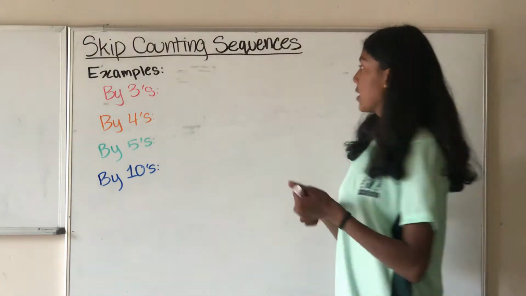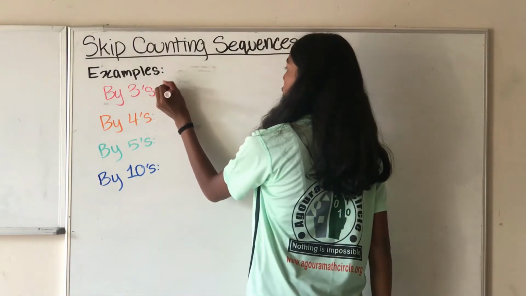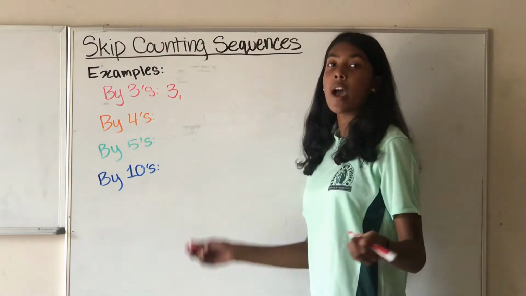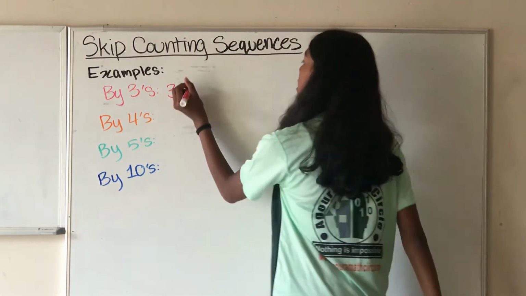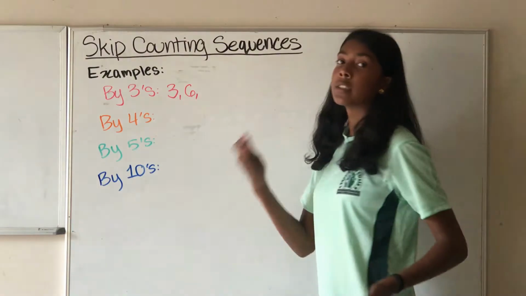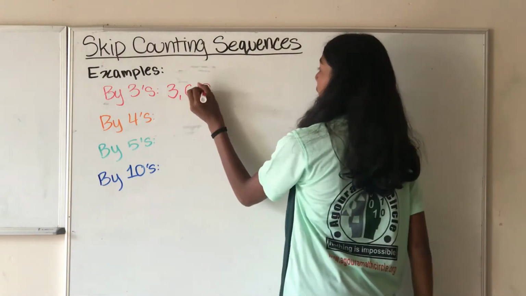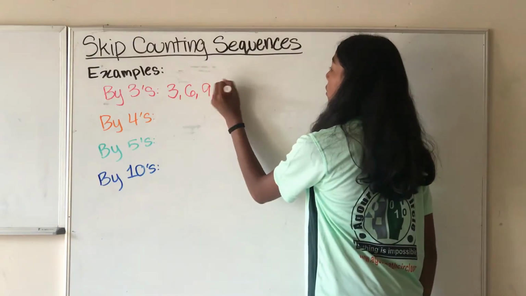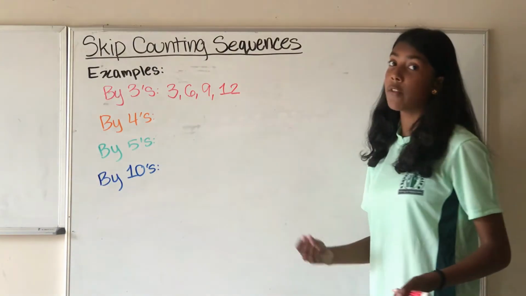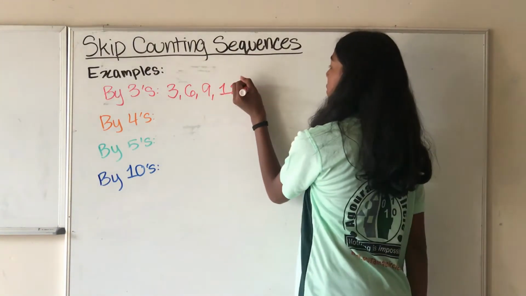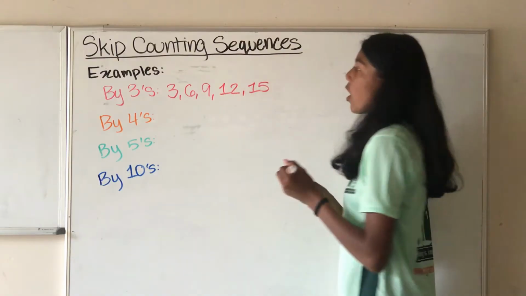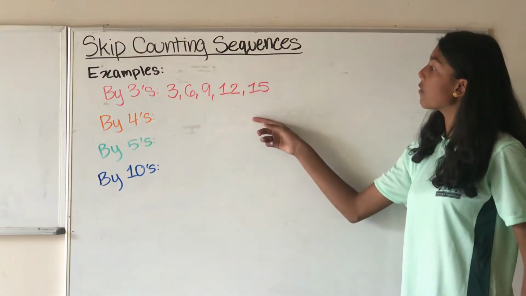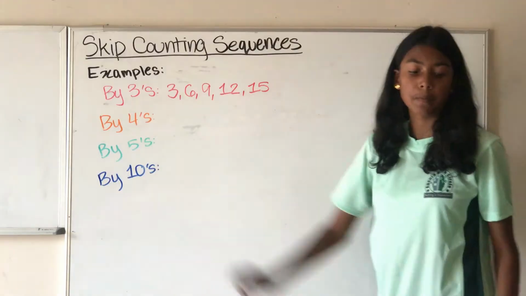So by 3s, let's start. We're going to start with 3. And then we have 4, 5, 6, 7, 8, 9, 10, 11, 12, 13, and 14, and then finally we have 15. So these are the first 5 of the sequence of counting by 3s.